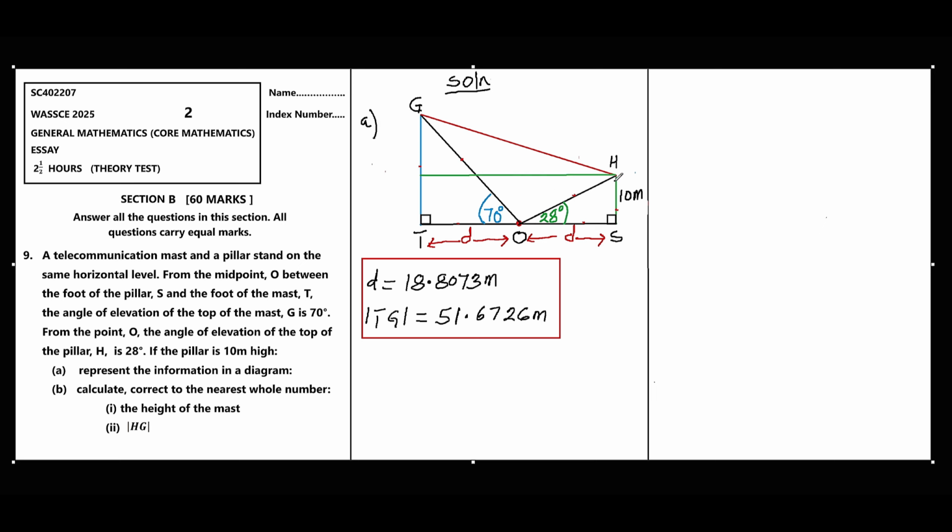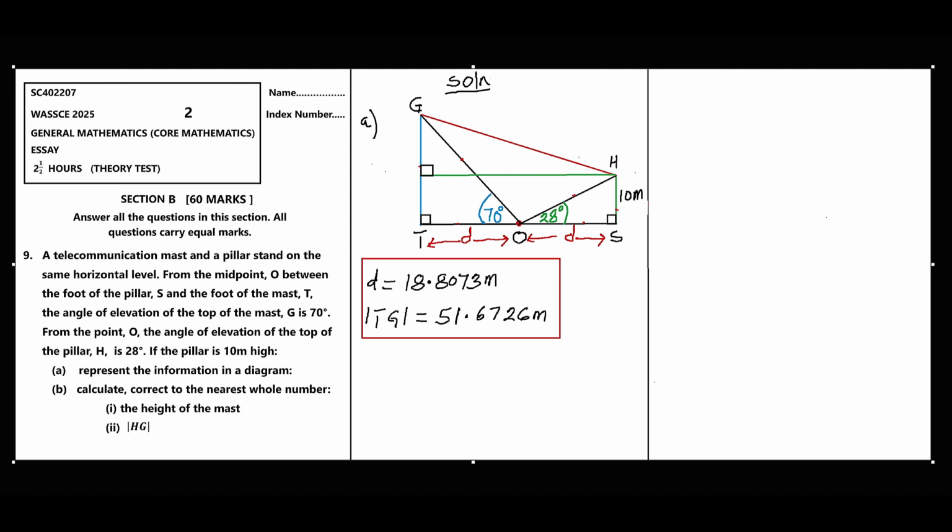So this green line, once we join point H to this particular point, we are getting a right angle triangle with a red line. So this line here will meet the green line at right angle. So we now have our right angle triangle.